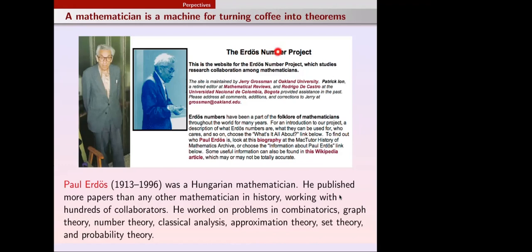So what does it mean, Erdős number? It means that Erdős, who was working with so many people, maybe he had like 300 collaborators, or those collaborators that wrote an article, at least, and published an article with Professor Paul Erdős, they have Erdős number 1.